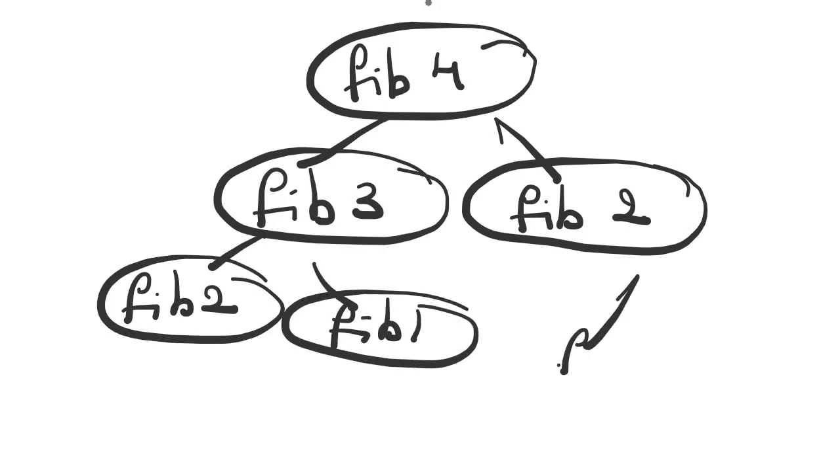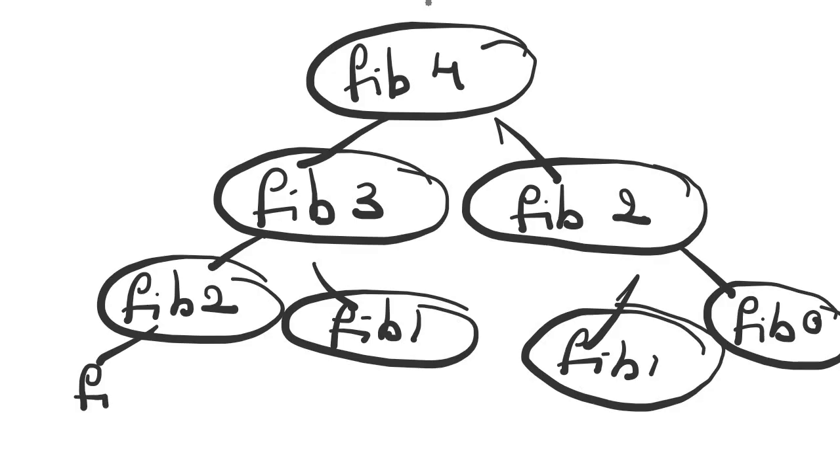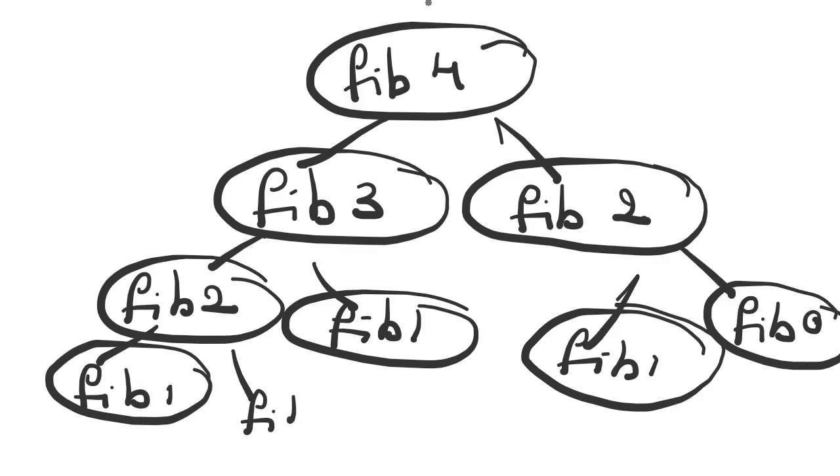Here also, for Fib 2, it is 1 and 0. So how many times am I using Fib 1 and Fib 0? Two times I calculate Fib 1 and Fib 0, in Fib 3 and in Fib 2. So now I am calculating multiple times.